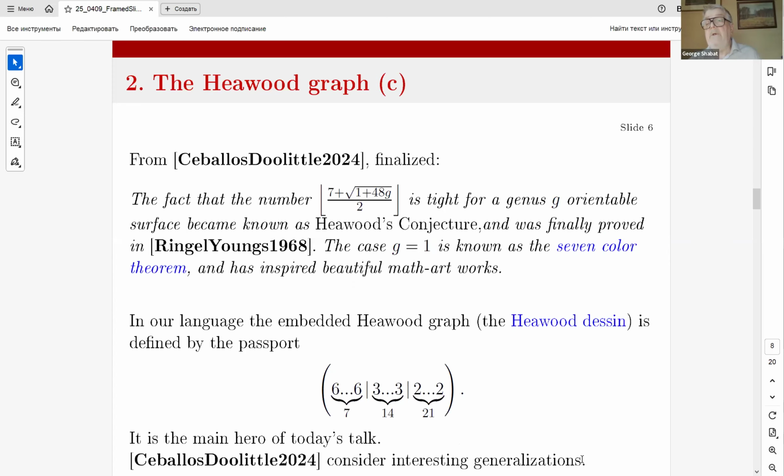Now I see that only in the final sentence of this slide I mention these generalizations that I highly recommend. I myself only looked through it.